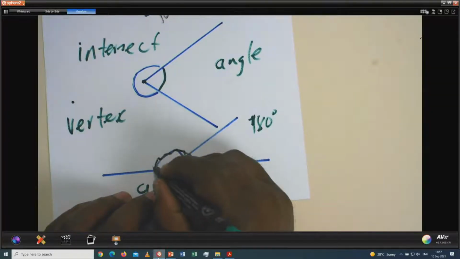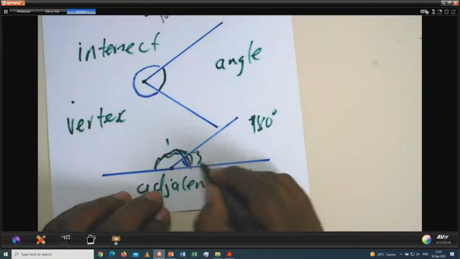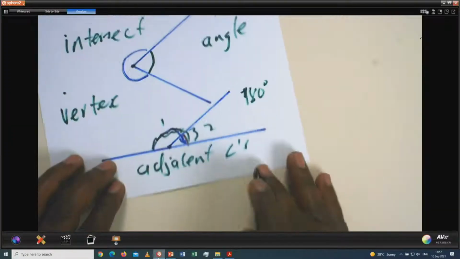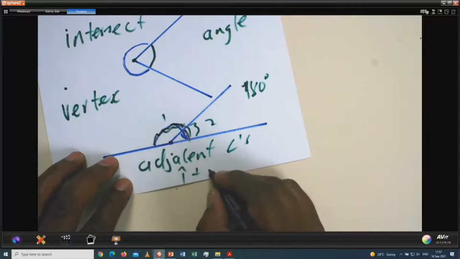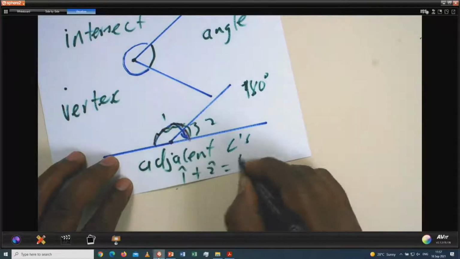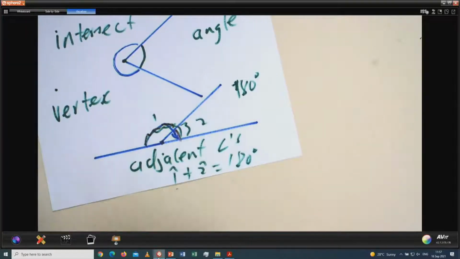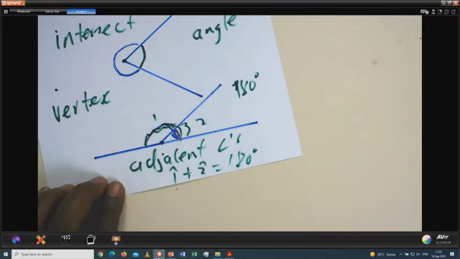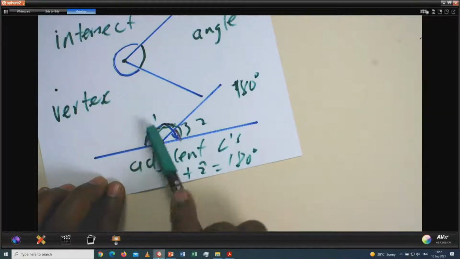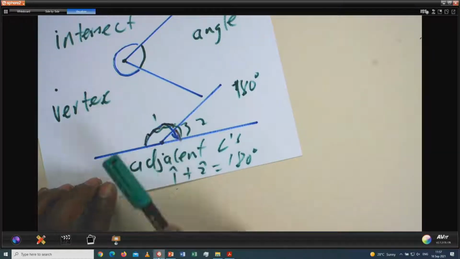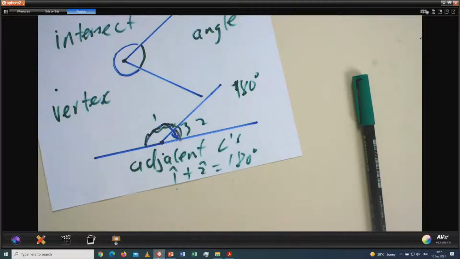Therefore, angle 1 plus angle 2 should give you 180 degrees. But how do we know? What is the reason? Straight line. We have seen the straight line, we have measured the straight line, it gives us 180.